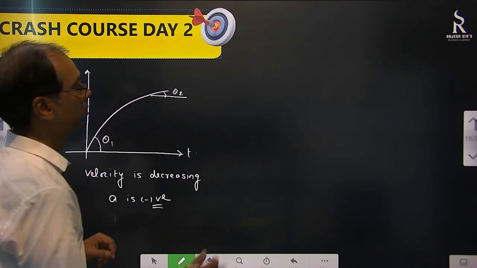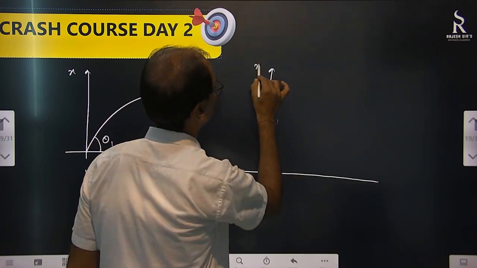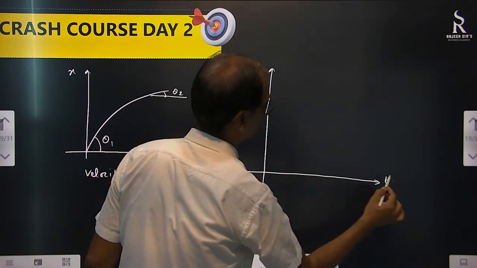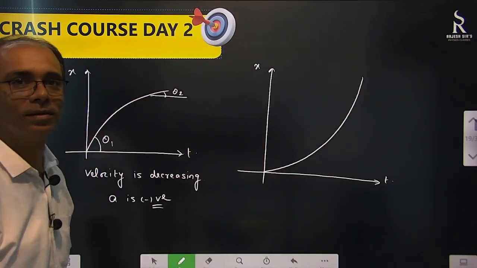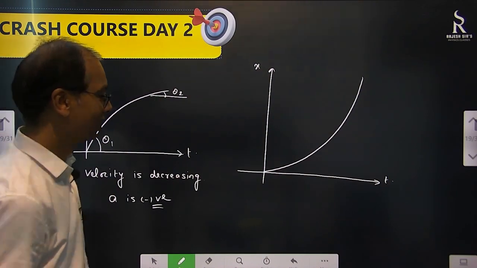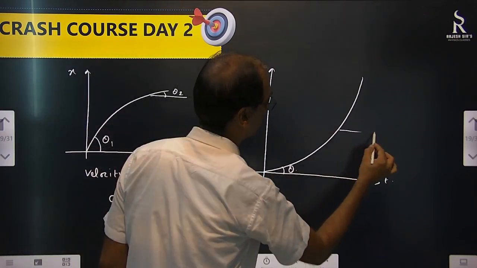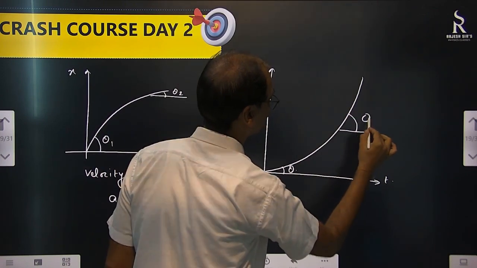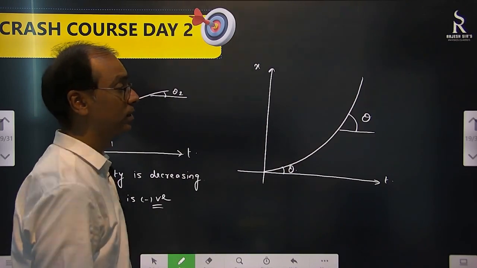Then another one we will make. x-t. This time graph is like this. What's happening here? You can see that here angle is this one. And if here I measure the angle, this is this. It's a big angle. So angle is actually increasing. Slope is increasing.